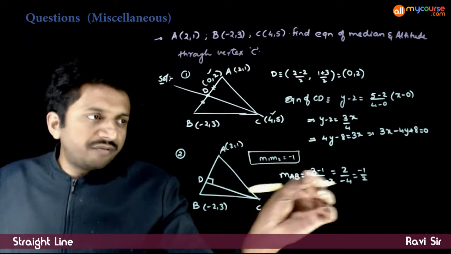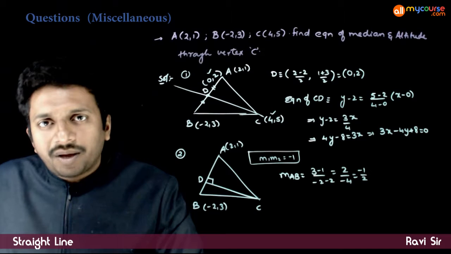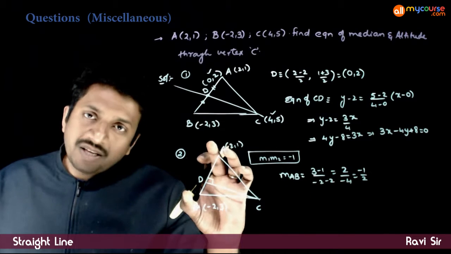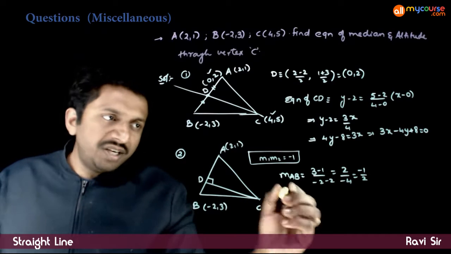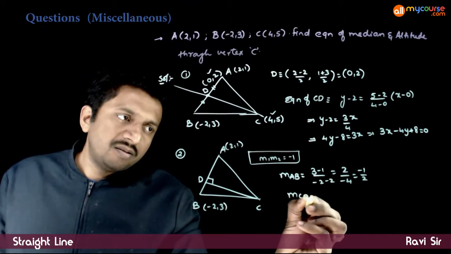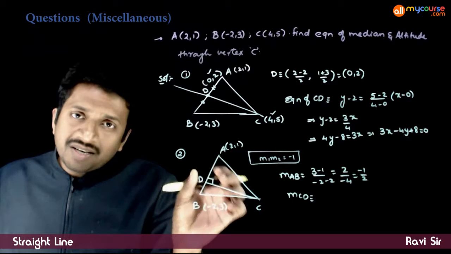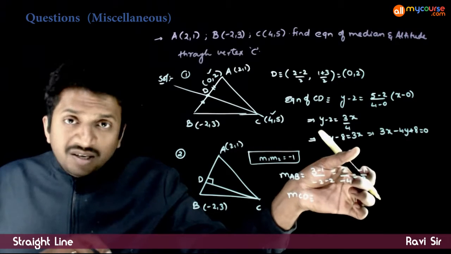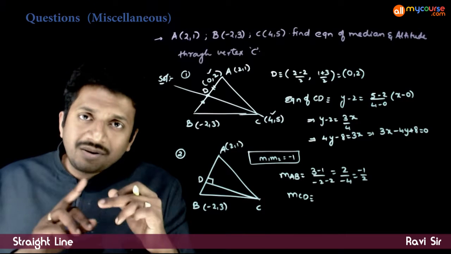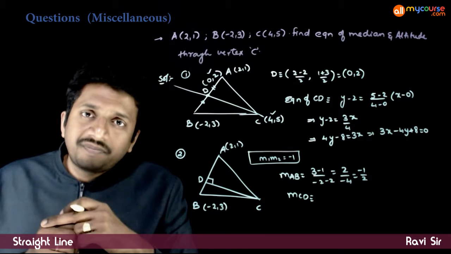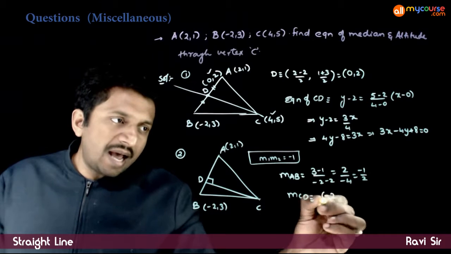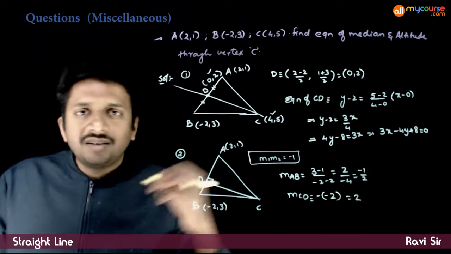So the slope of AB is -1/2. Now, what is the slope of CD? Because AB and CD are perpendicular, we have already seen that you take the reciprocal of this number and add an extra minus sign. So the reciprocal of this is -2 and you add an extra minus sign, that is 2.